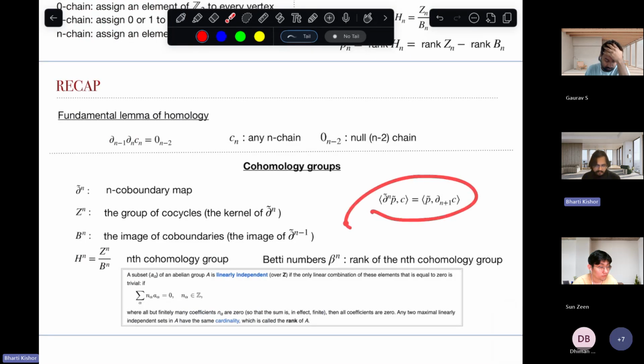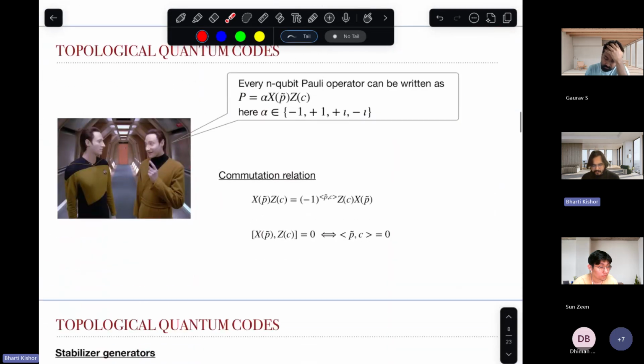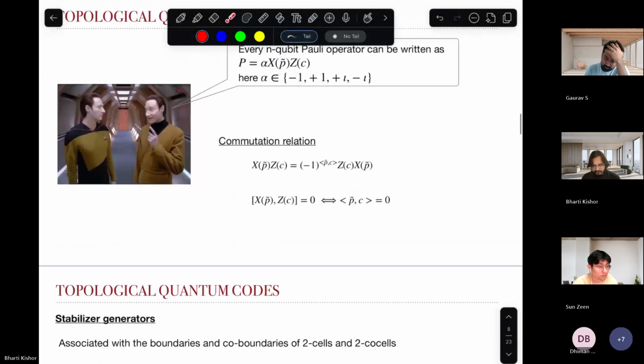You can also go through last week's recorded video. So we just have to look at the inner product between C and P tilde, and that tells us whether the corresponding X and Z operators commute or not.